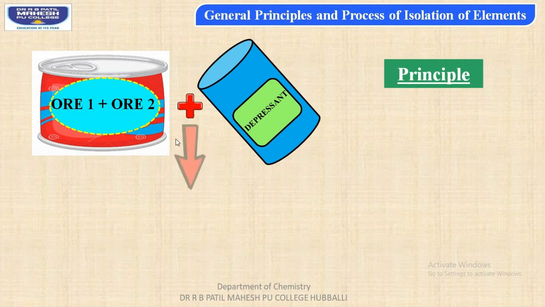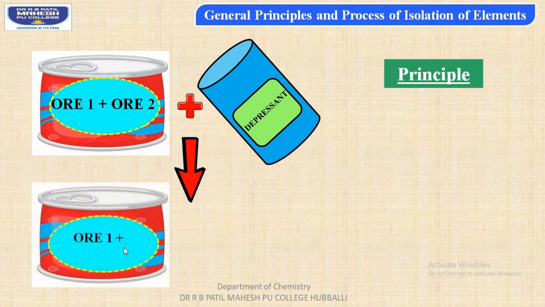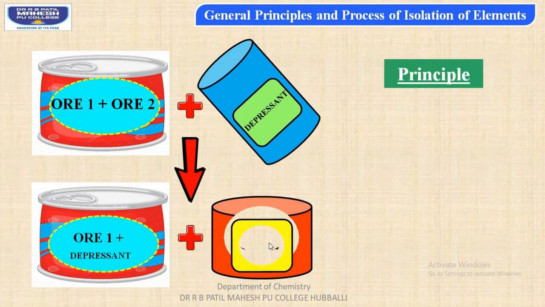So by the addition of the depressant, ore number 1 is in combination with the depressant, which you can observe here, whereas ore number 2 is completely separated. In this way, a mixture of sulfide ores can be separated, students, by using depressants.